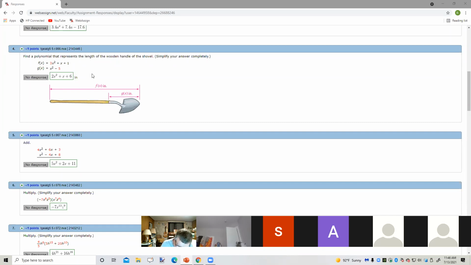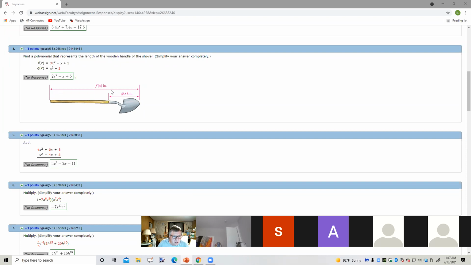So the whole thing is 3x squared plus x plus 1. That's the length of the entire thing. All right. The length of just the metal part is x squared minus 5. So if you know the whole thing and you know this part, how would you get the length of just the wooden handle?